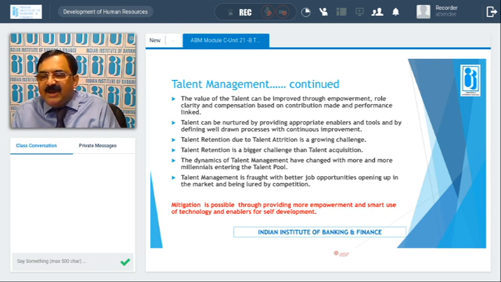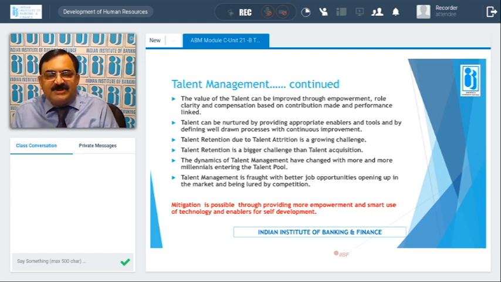And in processing kind of jobs, we call it as being first time right. So how do you make the performance first time right is by providing appropriate guidance, also by providing the required tools which will help the employee to use the knowledge and the tools to make it first time right.